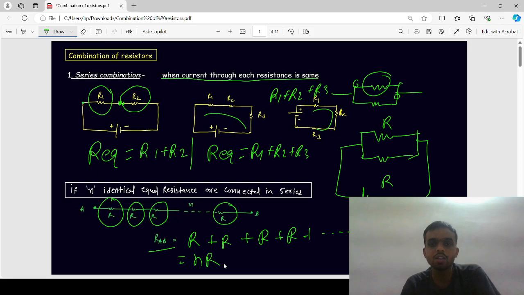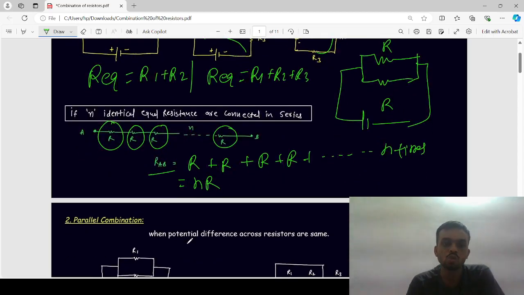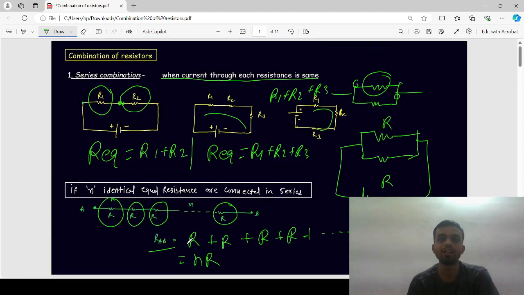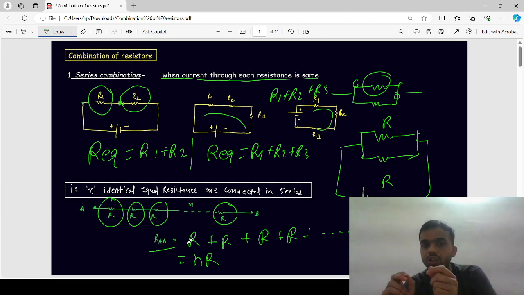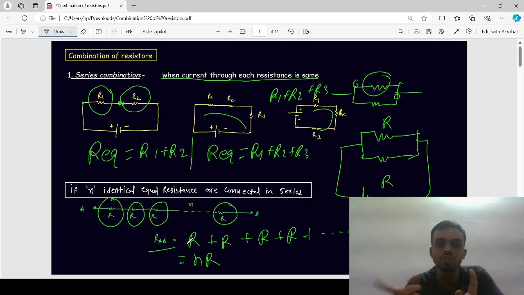It will be nothing but the sum of all the resistances of the entire resistors. Whenever you get a question on series combination, first of all identify whether it is in series combination or not. If you have identified that it is in series, then just add them. You will get the entire value of equivalent resistance.